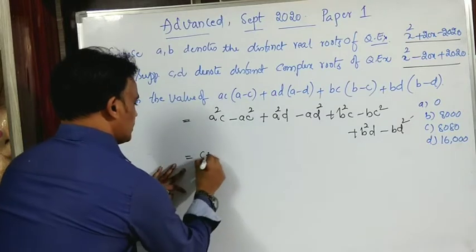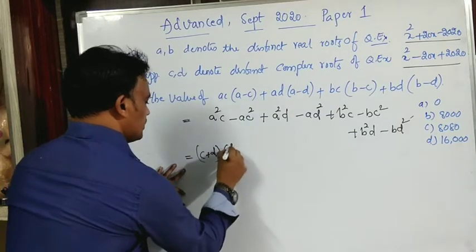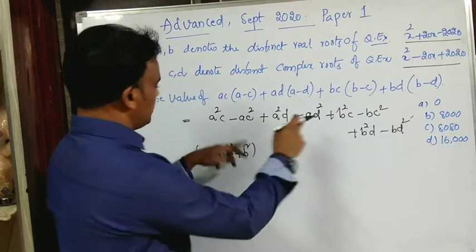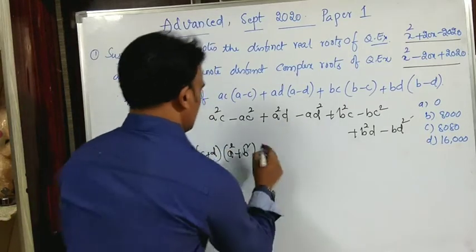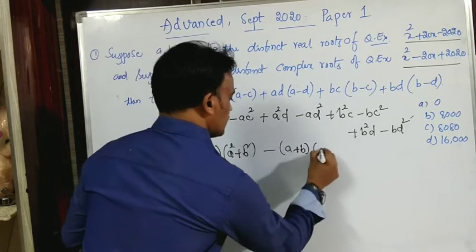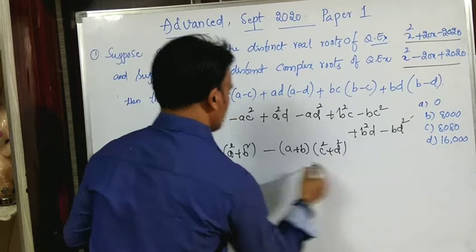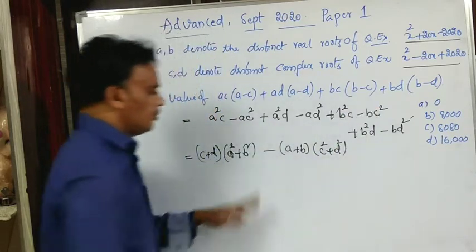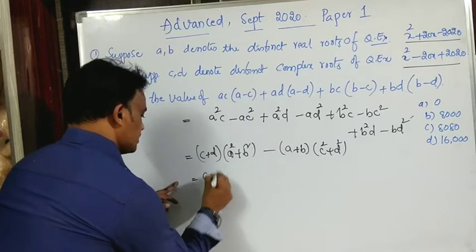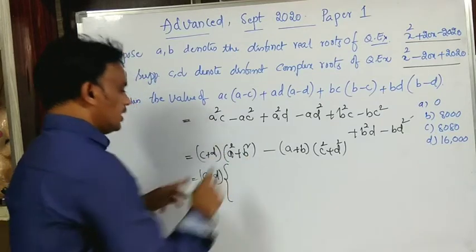So we can write (c plus d) of (a square plus b square), and the remaining negative terms give minus of (a plus b) into (c square plus d square).